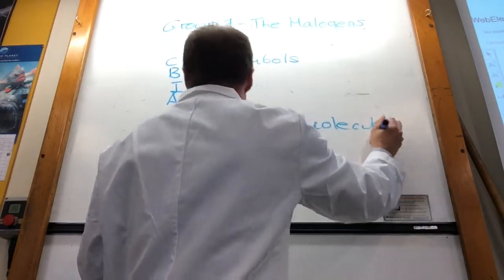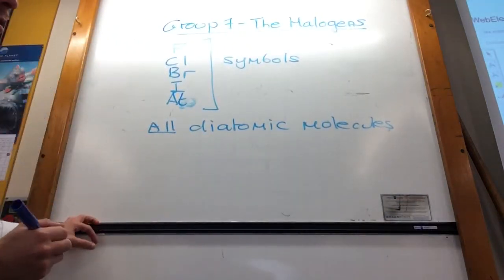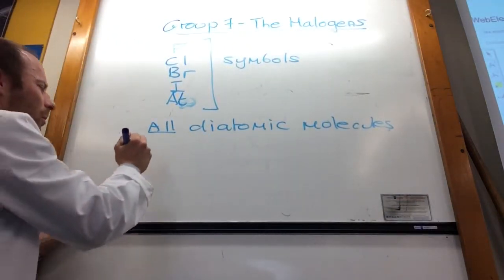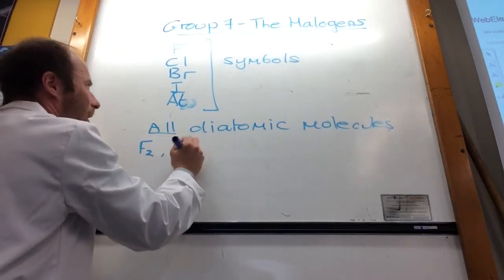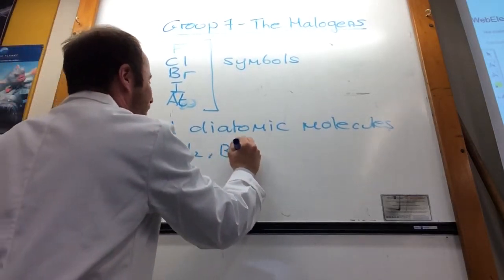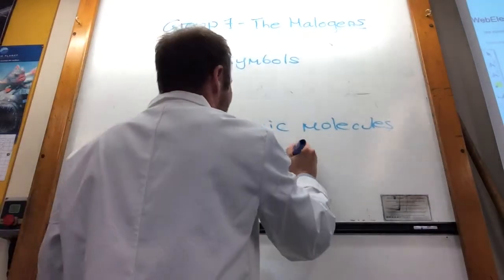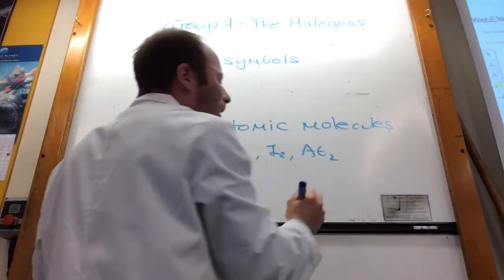So whenever you write them in equations, you always write them with a 2 after: F2, Cl2, Br2, I2, or At2.